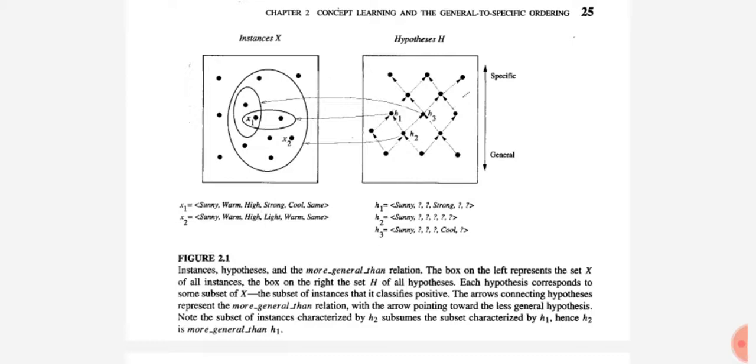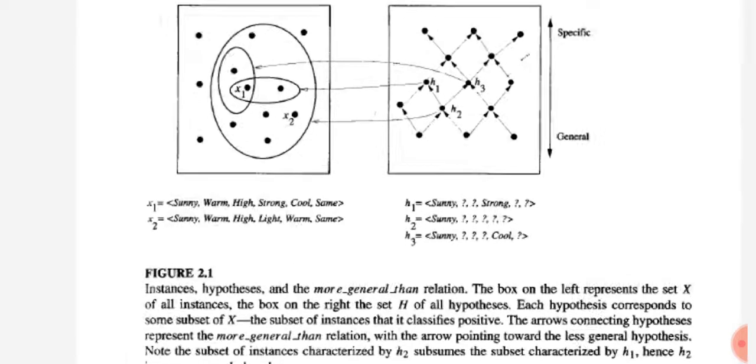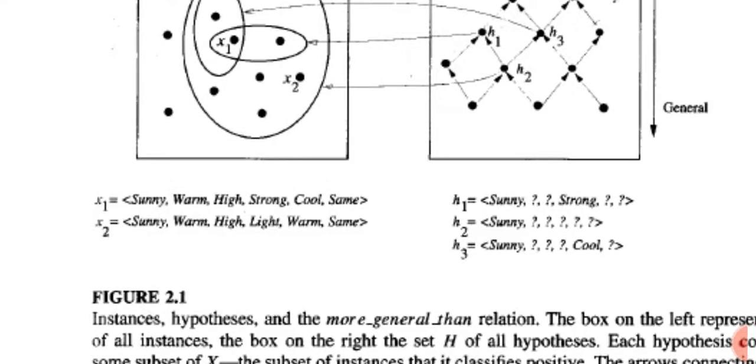Here we are taking two instances with the attribute values. X1 has the attribute values sunny, warm, high, strong, cool, same. And X2 instance has the attribute values sunny, warm, high, light, warm and same. So these are the instances.